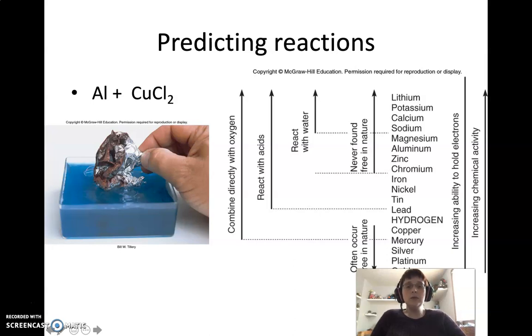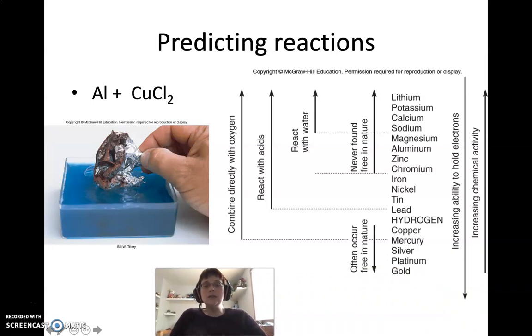And so how can we predict that? Well, that's what this diagram here is for. And so if you need this, I will provide this to you for any questions. So if we look on this table, on this diagram, you're going to look for the two metals that are involved. And yes, I know that hydrogen's here. We'll talk about that.